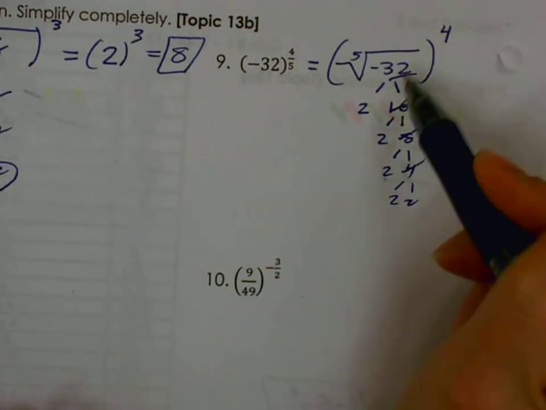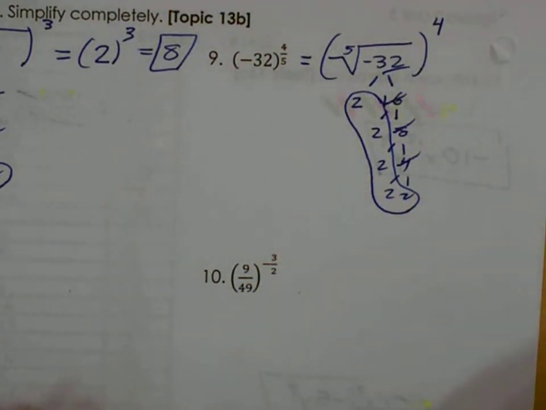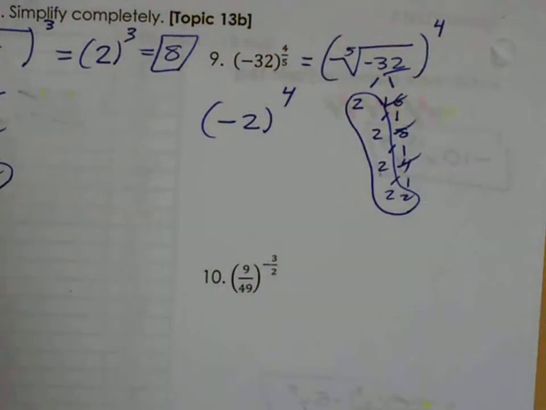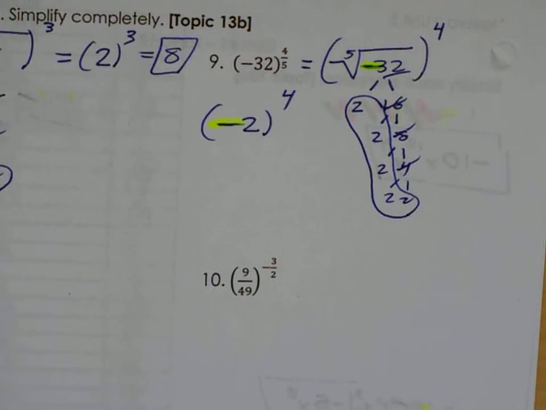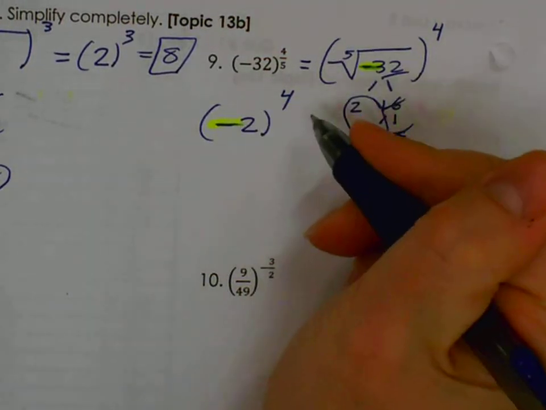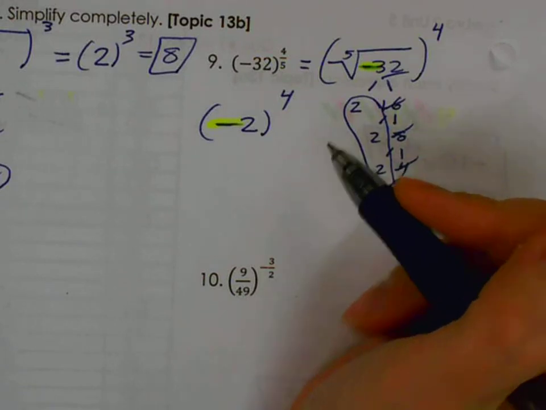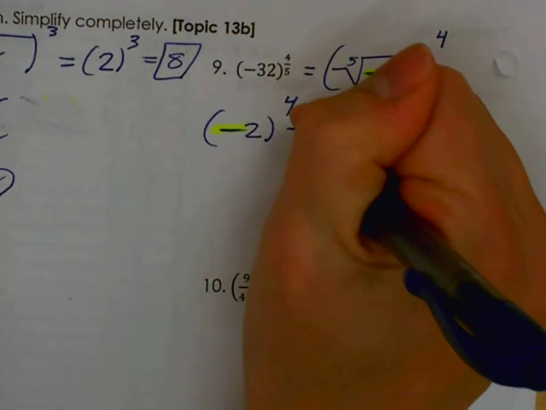I'm looking for groups of 5, and I have this one group of 5 here. So the fifth root of negative 32 is negative 2. And again, that negative in my answer here is coming from the fact that that's negative. And now negative 2 to the fourth is negative 2 times negative 2 times negative 2 times negative 2. And that's going to be positive 16.